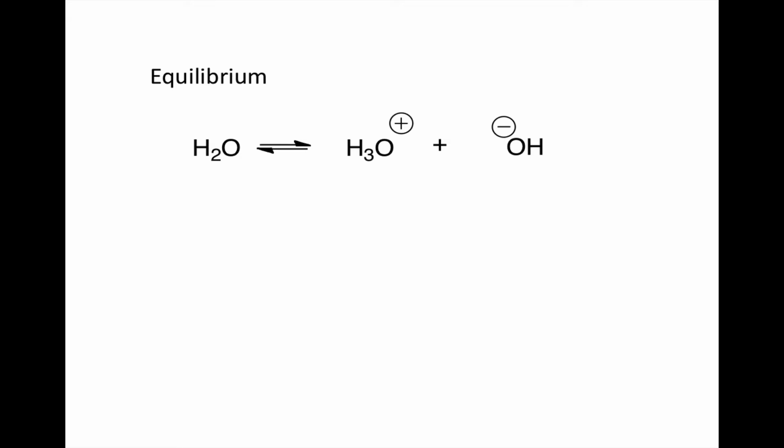It just means that you have a system, in this case water, that is not changing, meaning in terms of concentration. So, for example, a water molecule is being converted into H3O+ and OH-, and then the H3O+ and the OH- interact together to go back and form water.